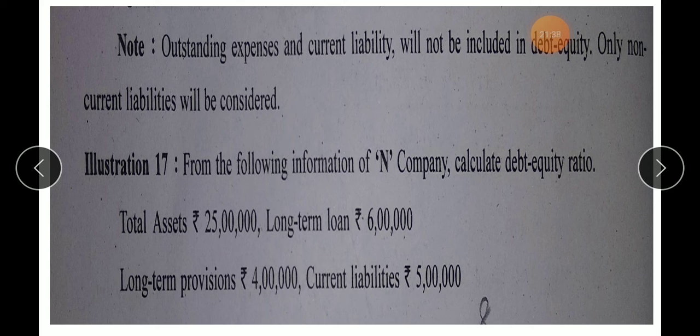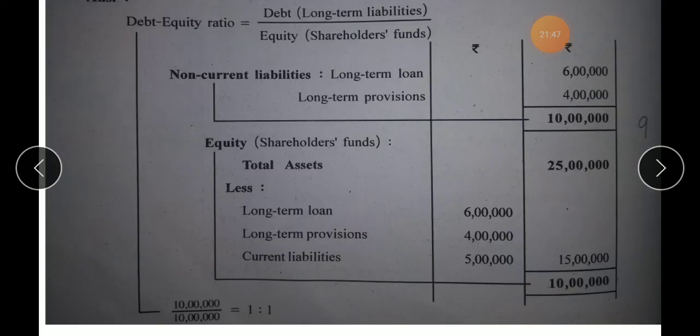Obviously, there is only one option. Shareholders' funds. So the remaining 10 lakh is of shareholders' funds. This way we have obtained the answer for non-current liabilities and shareholders' funds. We have substituted the answer in this formula and we have obtained the answer, that is 1:1. So that's all for illustration 17. Hope you were able to understand. It was quite simple and easy.